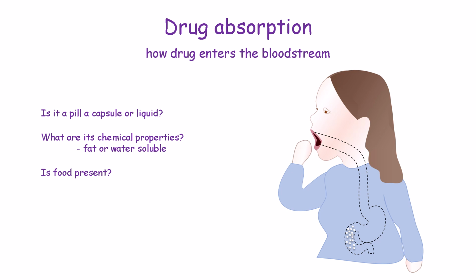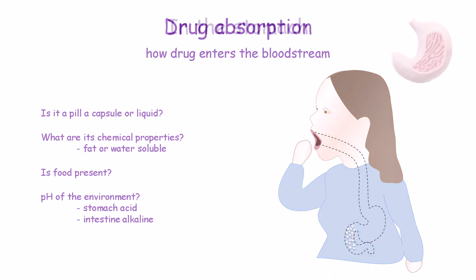The environment also affects absorption. For example, its pH. This is important when you consider that the stomach is highly acidic, whereas the intestines are alkaline. The stomach is a minor site of absorption for most drugs.